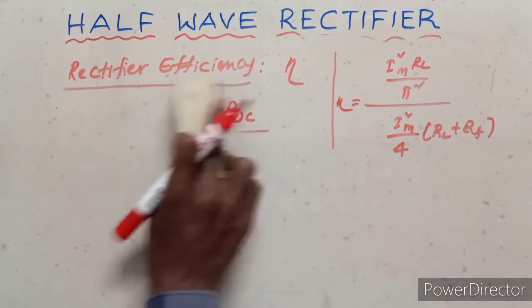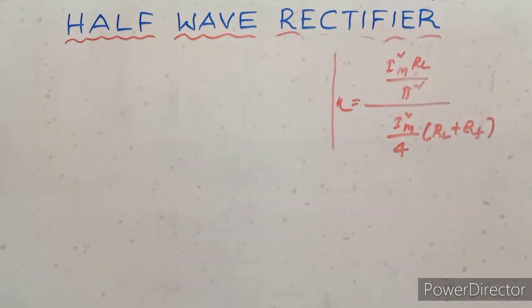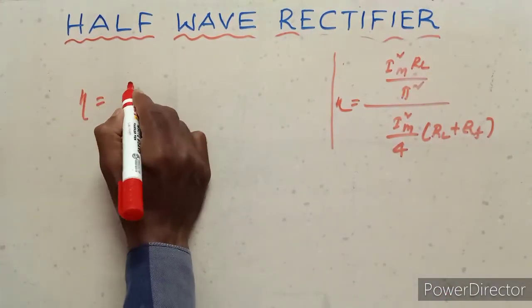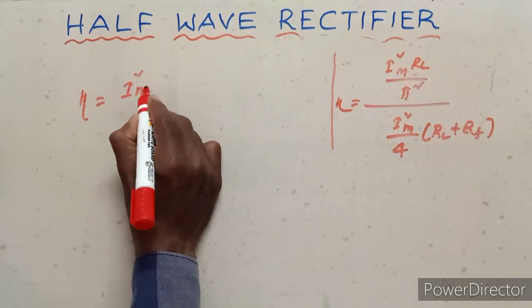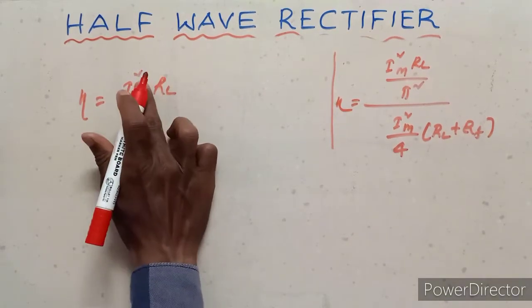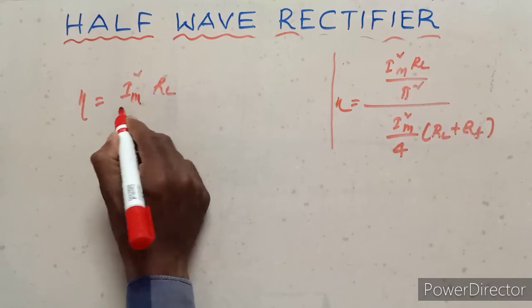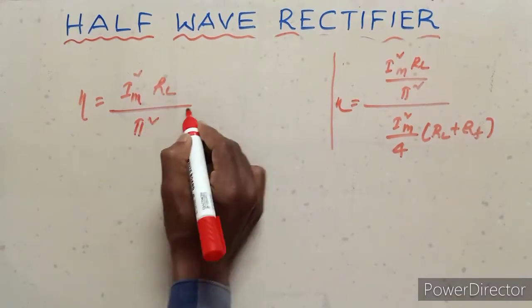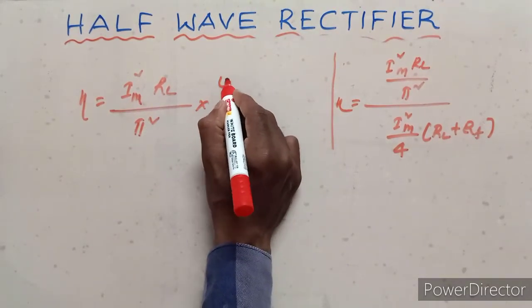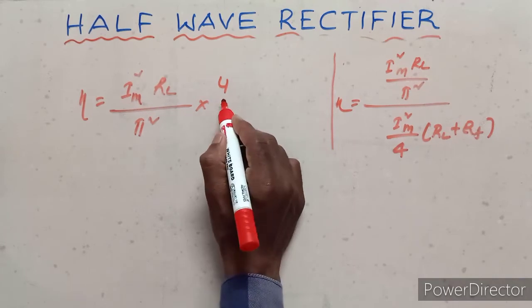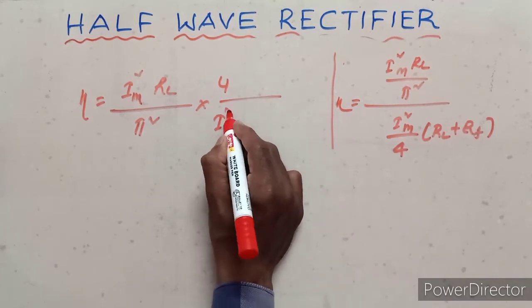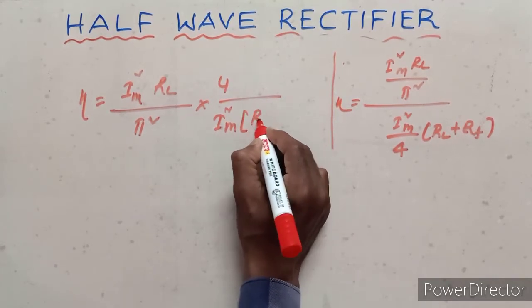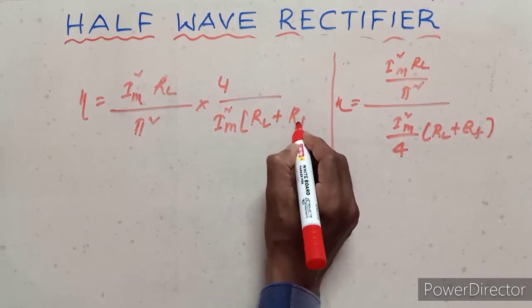That equation can be written as eta equals I square M RL upon pi square into 4 upon I square M into RL plus RF.